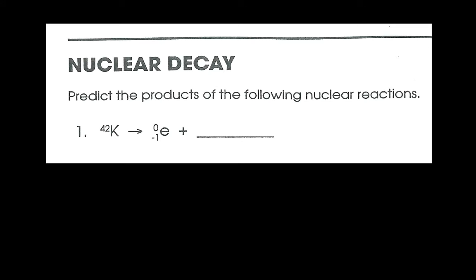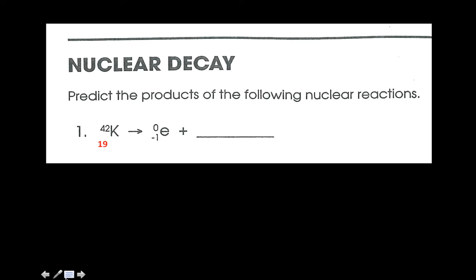So we look at question 1. First of all, it says 42K, but it didn't give us a bottom number here. So we have our periodic table handy, and we see potassium lives at spot 19. Now I'm going to start on the left side because I have all the information there; the blanks are on the product side, not the reactant side. So there's a 19.